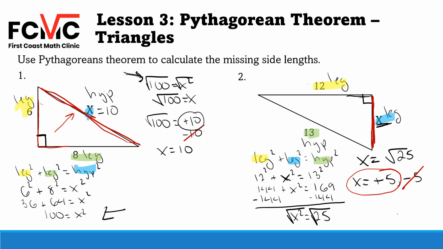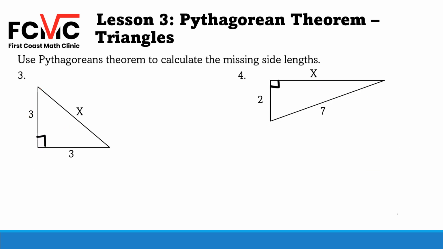Okay, all right, let's get into a couple more examples where we use the Pythagorean theorem to find missing side lengths and hypotenuse lengths for right triangles. So for number 3, we've got our legs at 3 and 3, and our hypotenuse at x. Our Pythagorean theorem: leg squared plus leg squared equals hypotenuse squared.